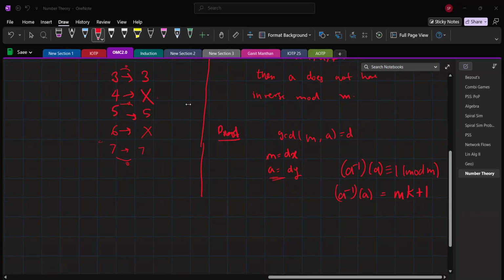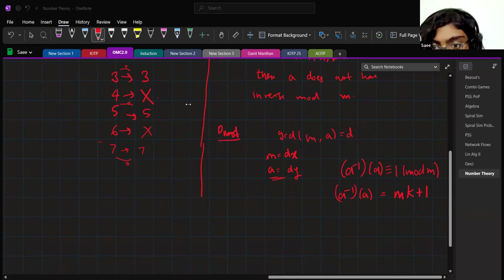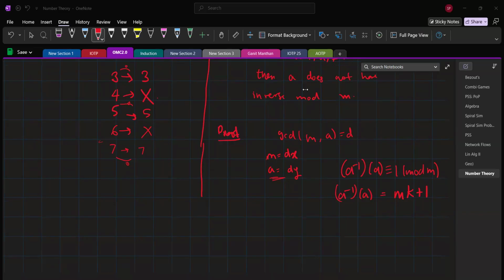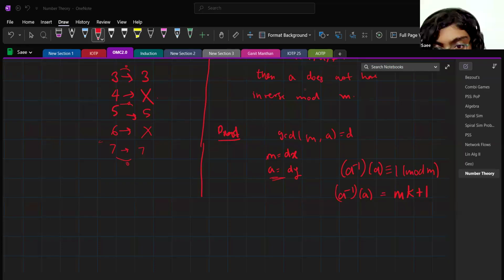Yes, so that's what, let's say there is an inverse, so this will happen. So then how do we finish the proof from here? The left side is divisible by d, so the right side must be divisible too. So d divides a, which implies d divides a times a inverse, which implies d divides mk plus 1.